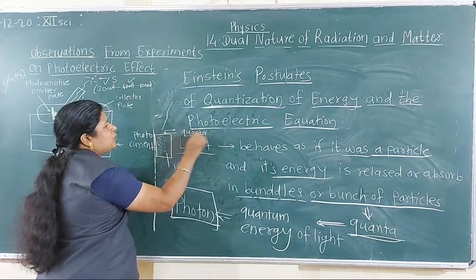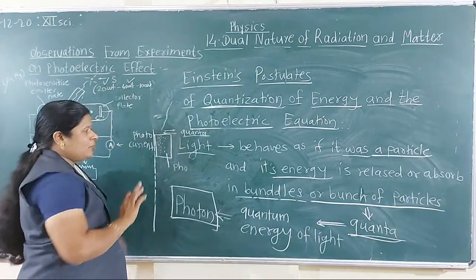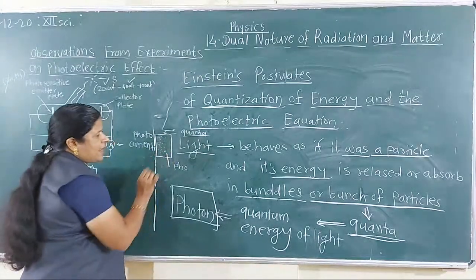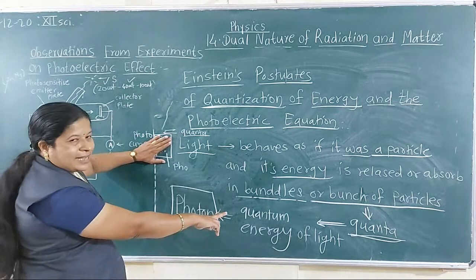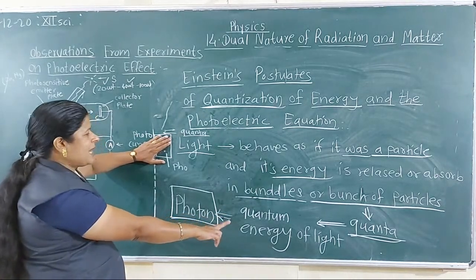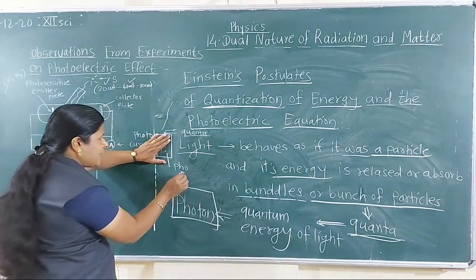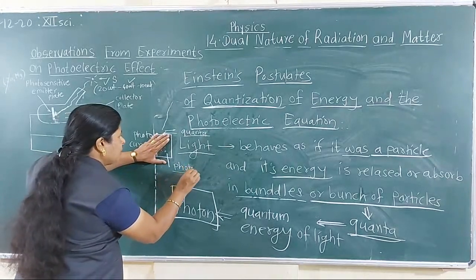And from this bunch of particles, one smallest particle we call the quantum energy of light, and this one particle we call a photon.